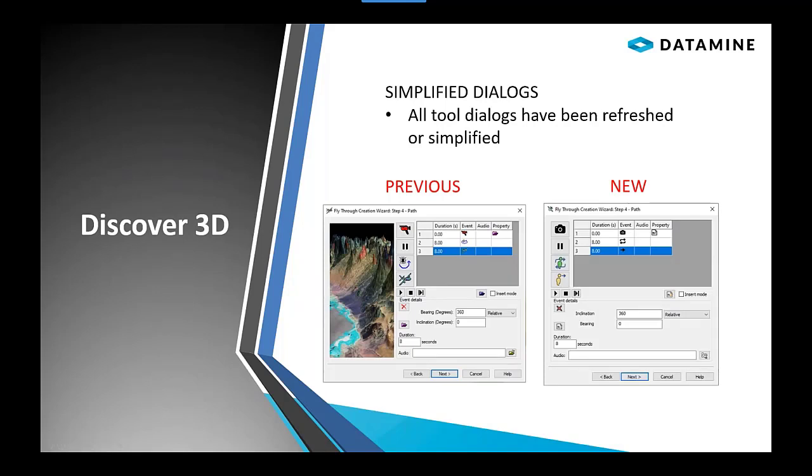As far as simplifying the dialogues, this is just the fly-through wizard. What we've done here is that a lot of the panels had these icons and images on them. We've simplified all that. We've changed all the icons, and also a lot of superfluous wordage on dialogues. We've got rid of that.